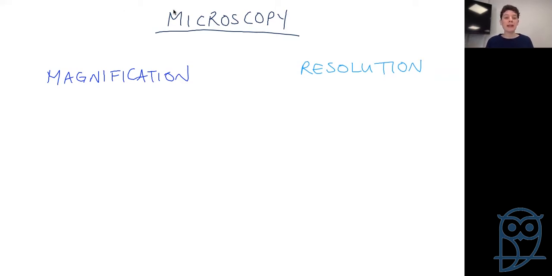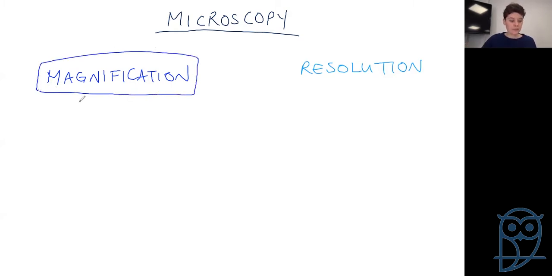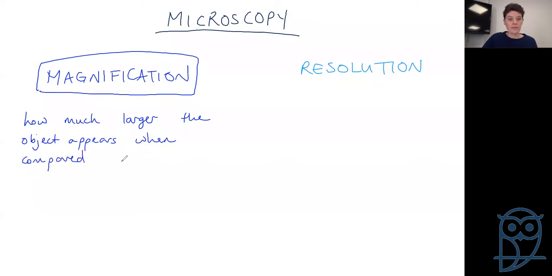So when we're talking about magnification, we are talking about how much larger the object is when we're looking at it, so our image, when compared to its real size. So magnification is how much larger the object appears when compared to real size.